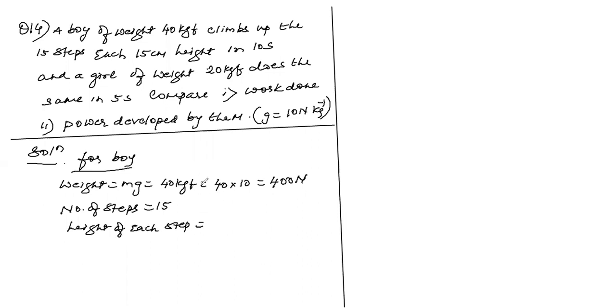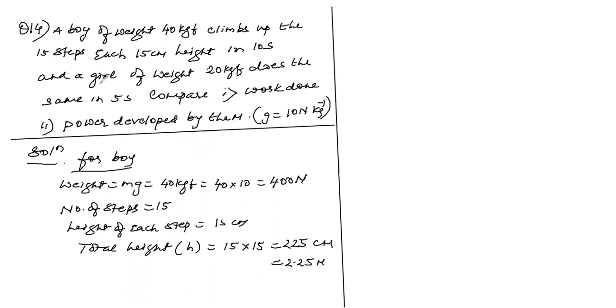Height of each step is 15 centimeter. So total height he climbed is 15 into 15. One step, 15 steps, 15 into 15. That is 225 centimeter. That is 2.25 meter.